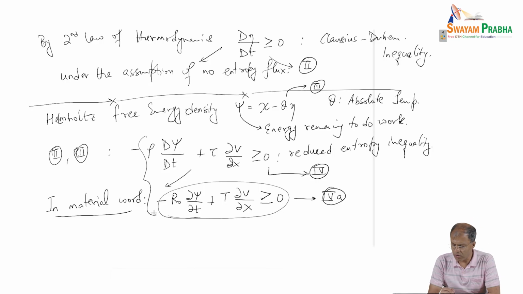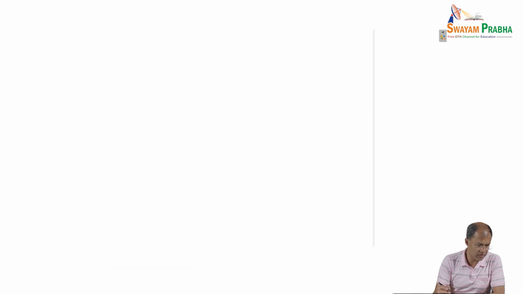With all these results, I am ready to discuss the principle of dissipation. Let me call this B. The first, A, was the principle of frame indifference. This is the next principle, the principle of dissipation.